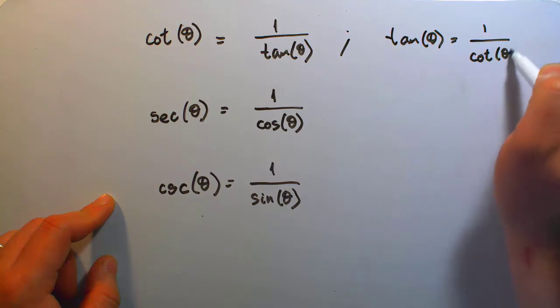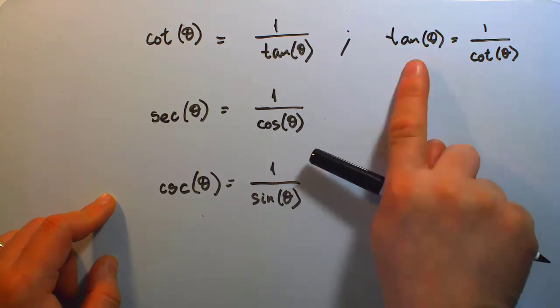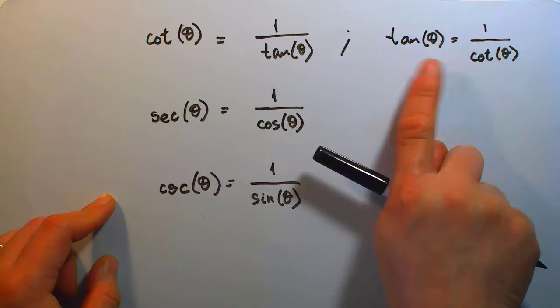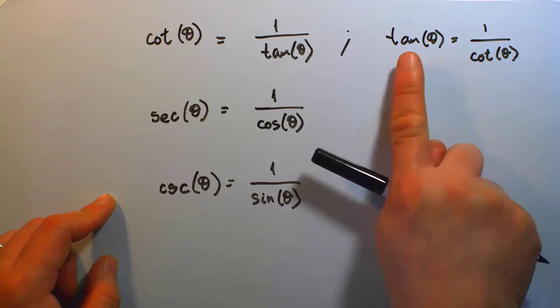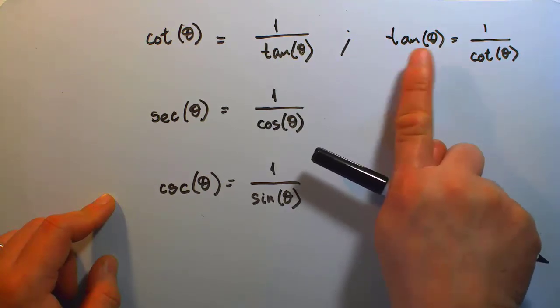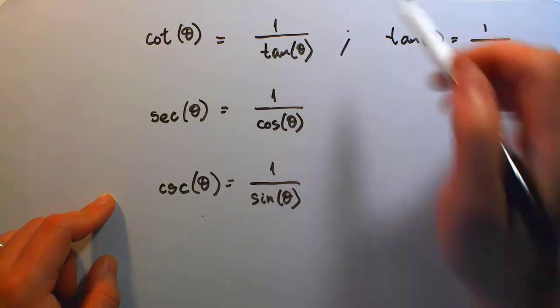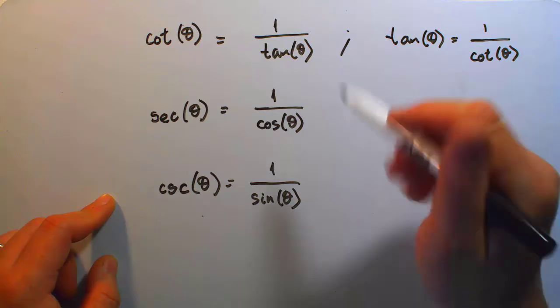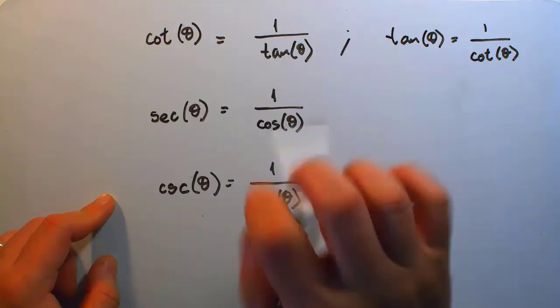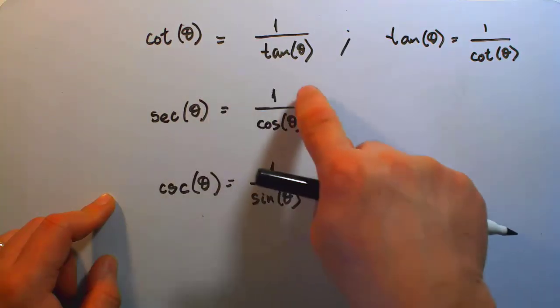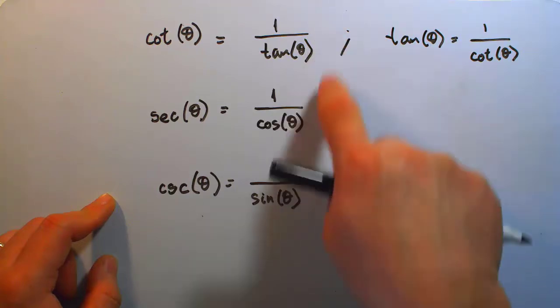But usually not too many people see tangent theta this way. They're more into taking that definition of tangent theta being sine over cosine. So leaving that out, these three functions are all in the form of being a reciprocal of some other known trig function.